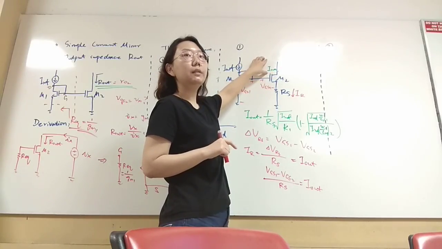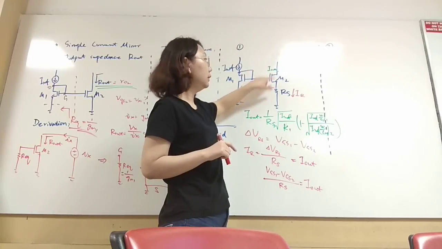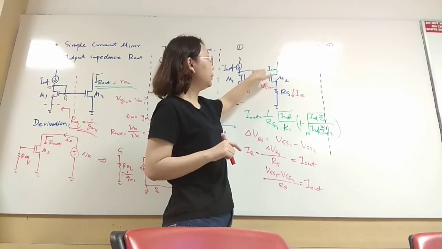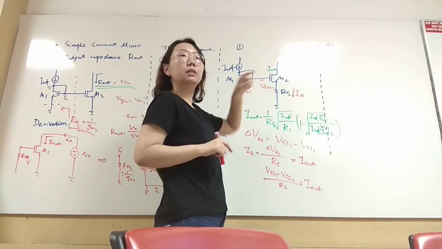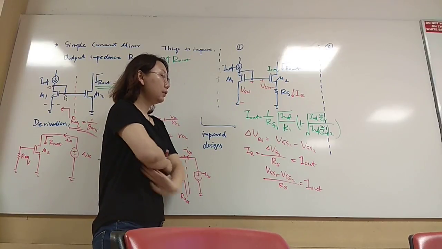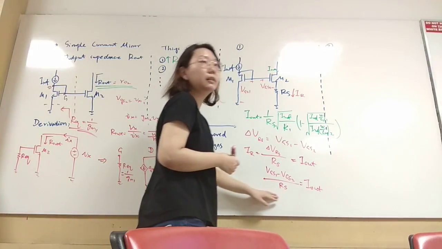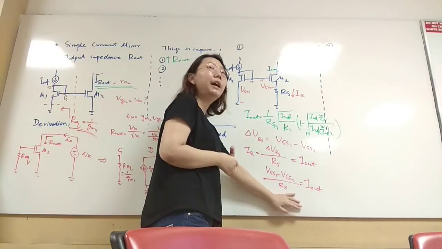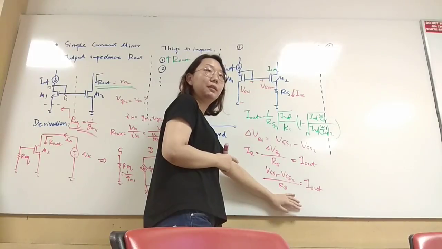This one is a MOSFET, so ID equals IS. Here is my IS, which is my IR. Here is my ID, which is my I out. So now the output current expression is like this.